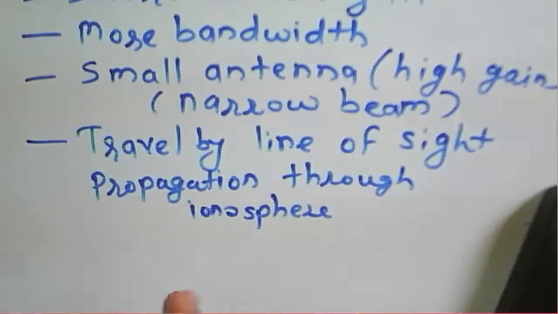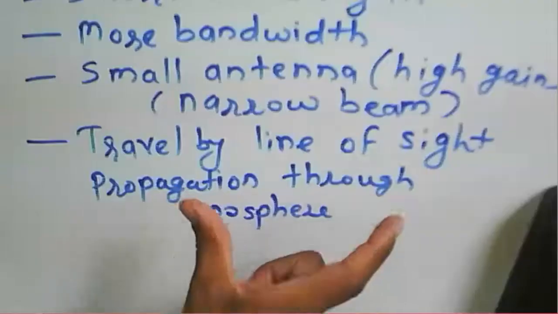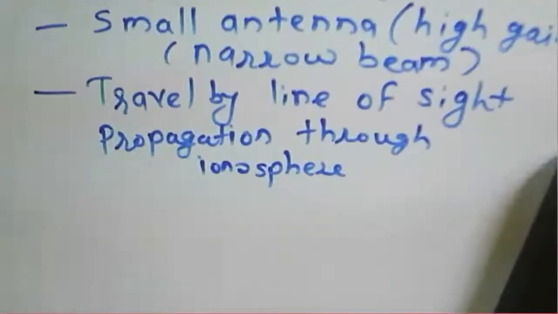Now, what does it mean to travel by line of sight propagation through the ionosphere?